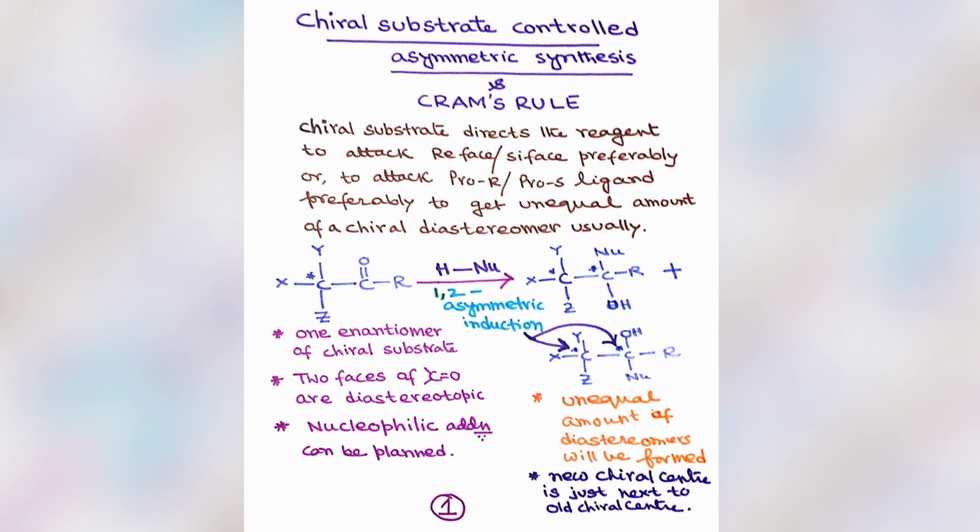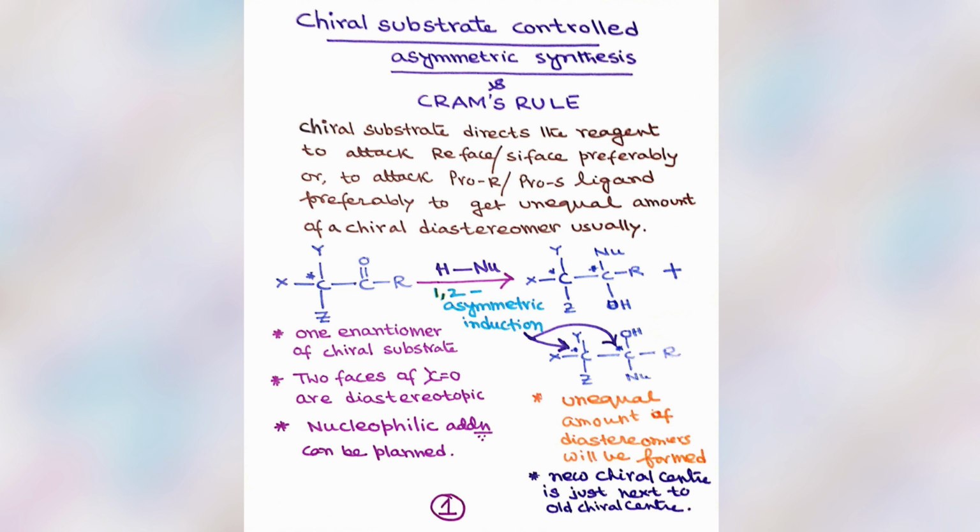Now if we plan some reactions targeting this C=O, like nucleophilic addition or reduction, then because of that reaction we will get one more new chiral center in the product.